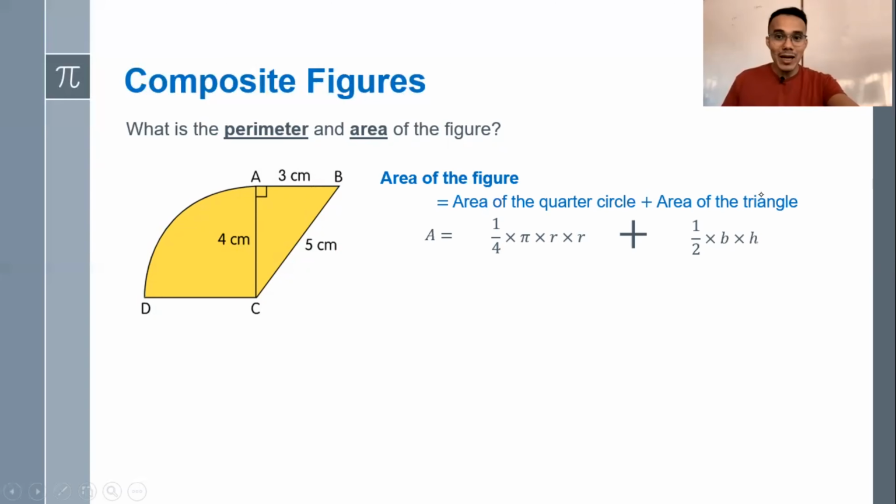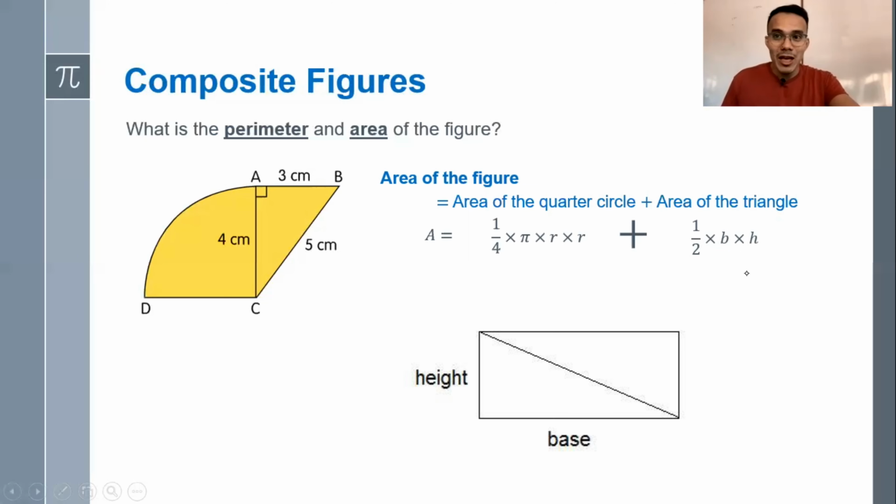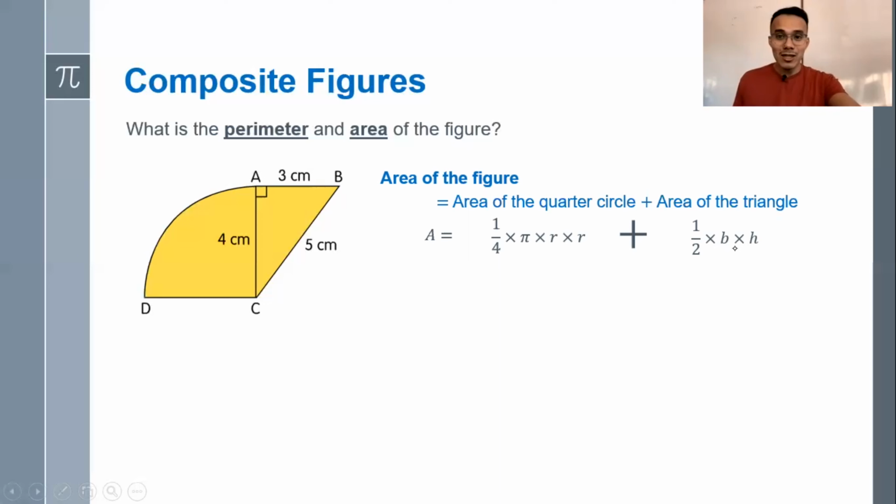To find the area of a triangle, we have 1/2 times base times height. Or this is the same as 1/2 times length times width, because a triangle is just half of a rectangle, something like that. Our next goal is to find the values of pi, r, base, and height.